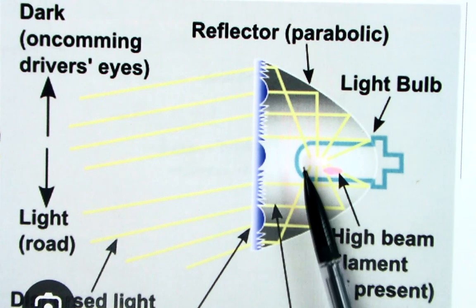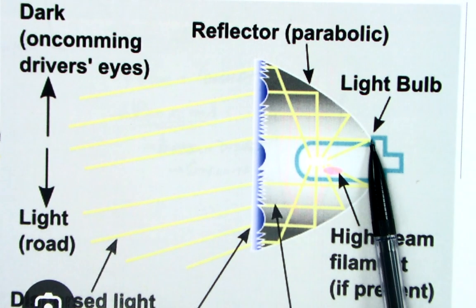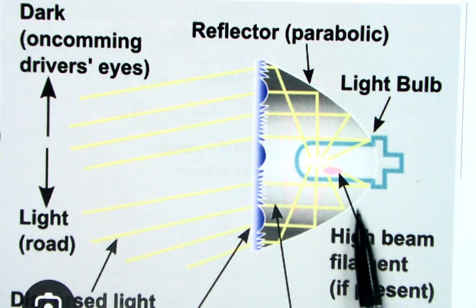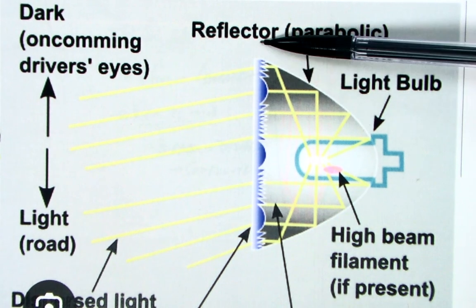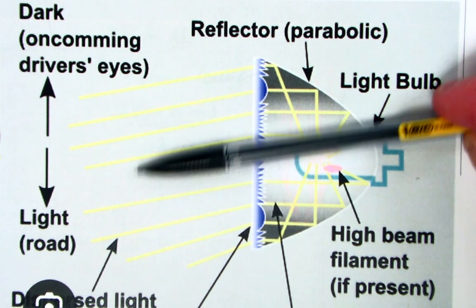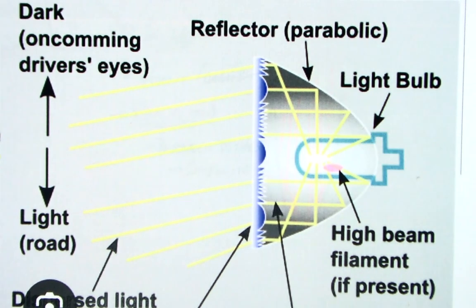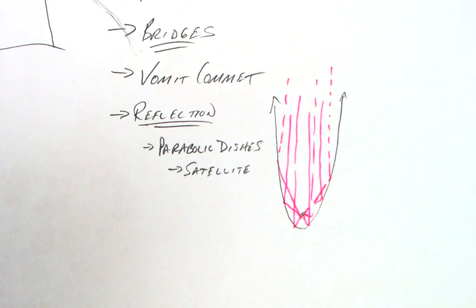So you've got your filament, and then it hits the reflector, bounces out. Hits the reflector, bounces out. And then you've got this lens that'll either aim it down or aim it up or focus it or whatever. But it starts with a parabolic lamp. Okay? So anyway, those are just some examples of it. I just thought you might think that was kind of interesting to start with.